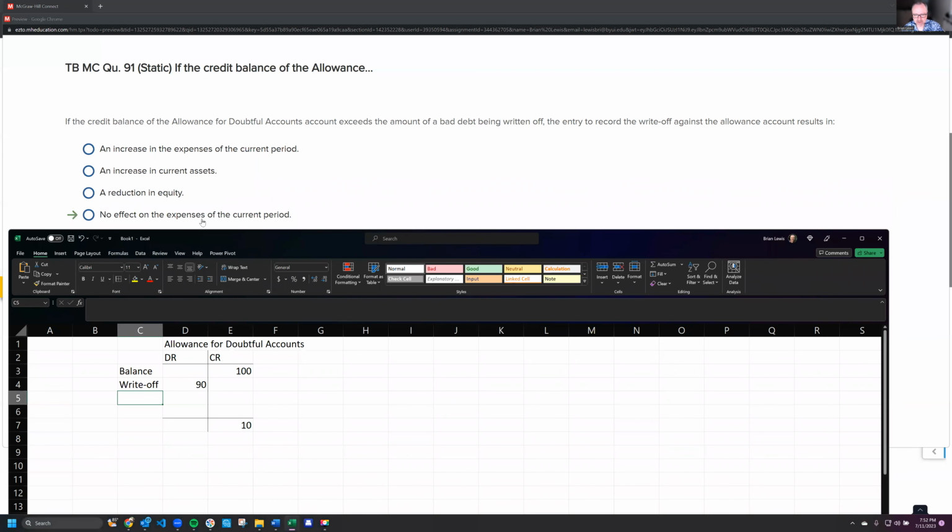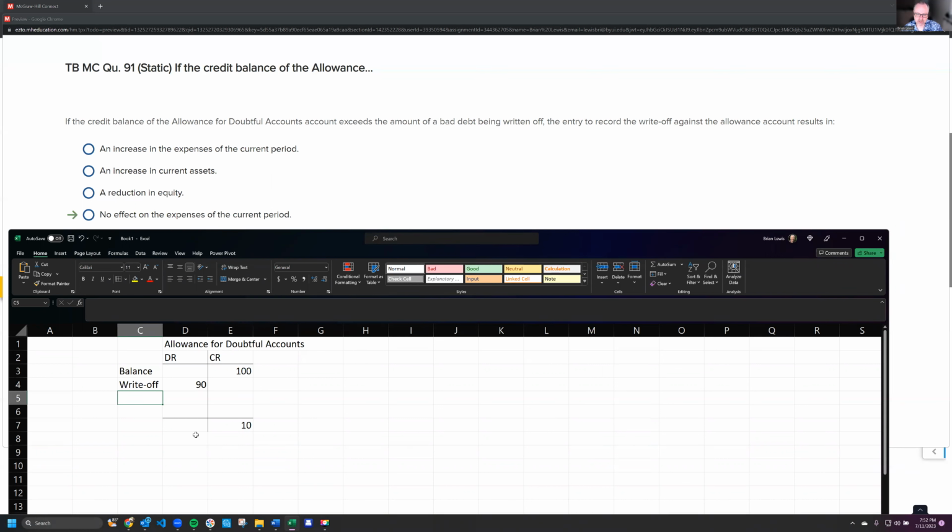No effect on the expenses of the current period. And that is more than likely. So really, I would have said one of the two, either an increase in current assets or no effect on the expenses of the current period.